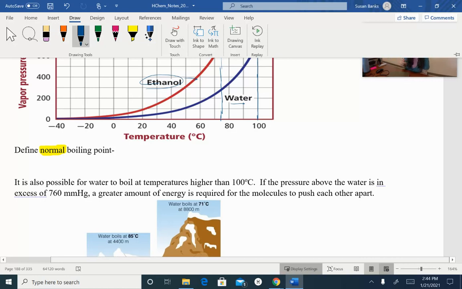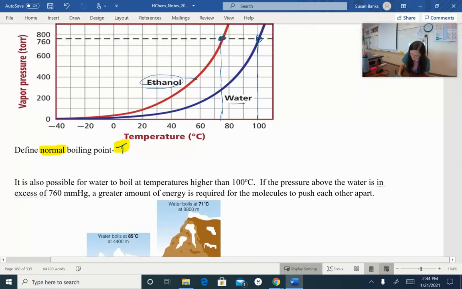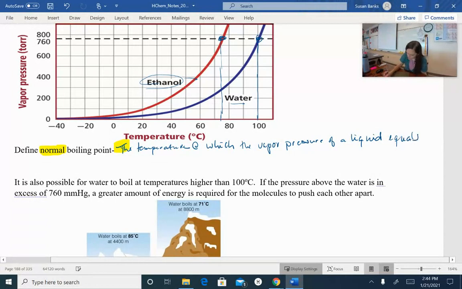The normal boiling point is the temperature at which the vapor pressure of a liquid equals normal pressure, which is sea level, which is 760 millimeters of mercury, or you could say 1 atmosphere, or 101.325 kilopascals.